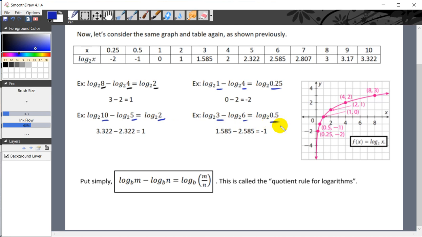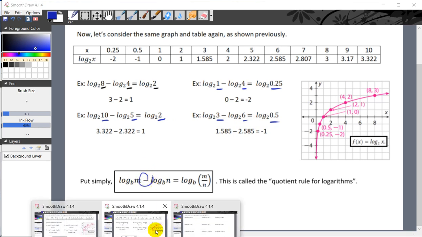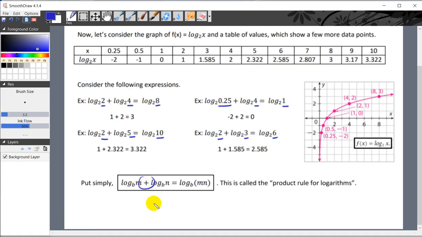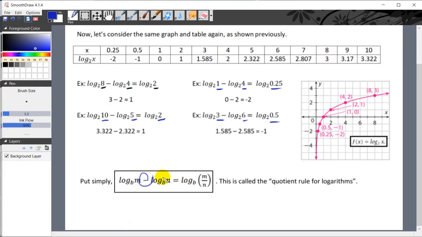Okay, so if you see a minus sign instead of the plus, that implies that you can use the quotient rule. So the quotient rule basically says you can take the insides here and then you can do division. And that says that's true.